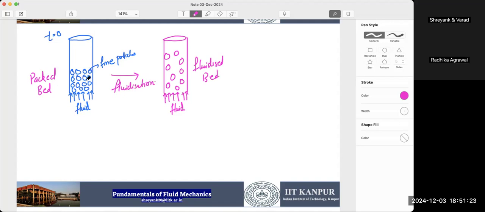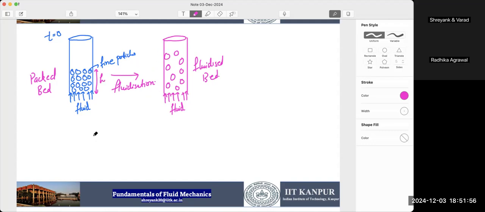So basically, some fluid is flowing with some fine particles present inside the container, and initially it has some length L, maybe at some initial height, that's the height of the packed bed, and after some time, that H will increase.